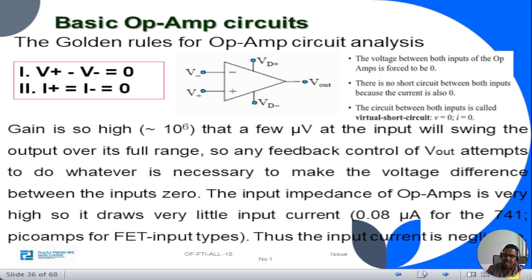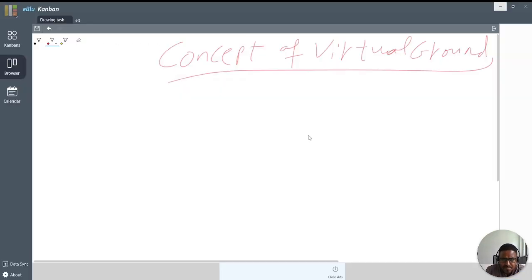So let's understand the concept of virtual short circuit.